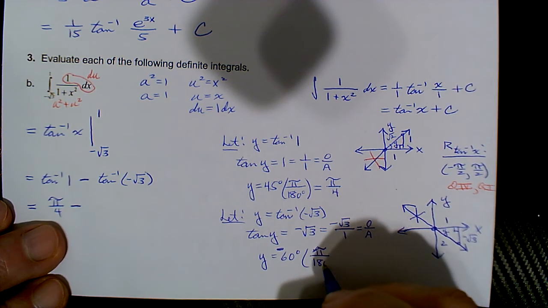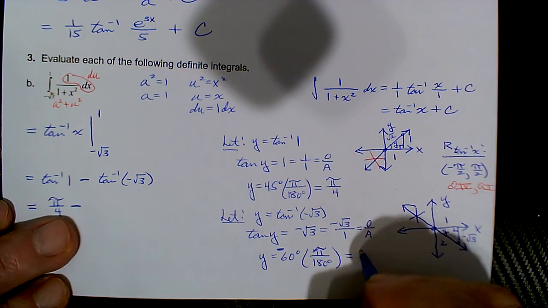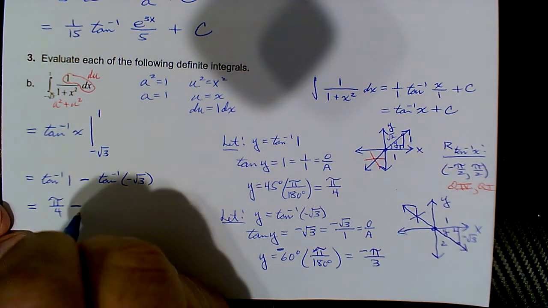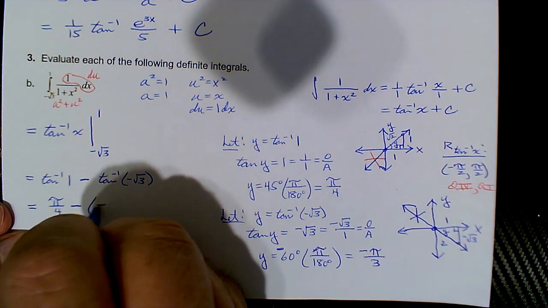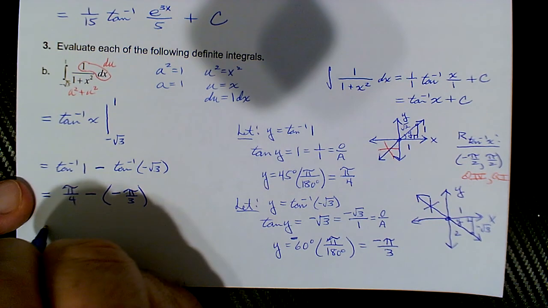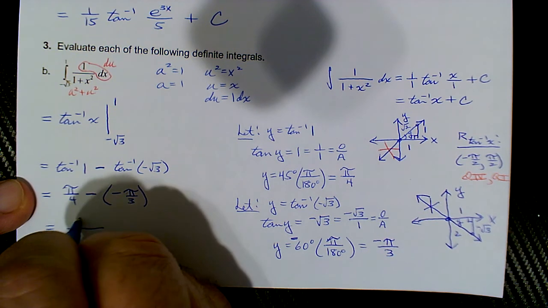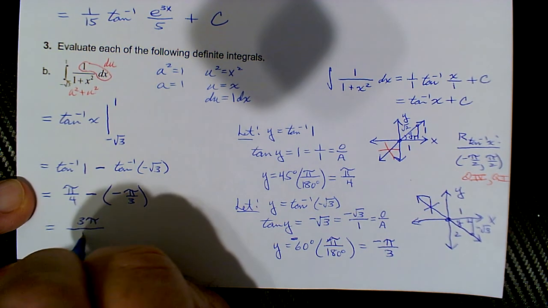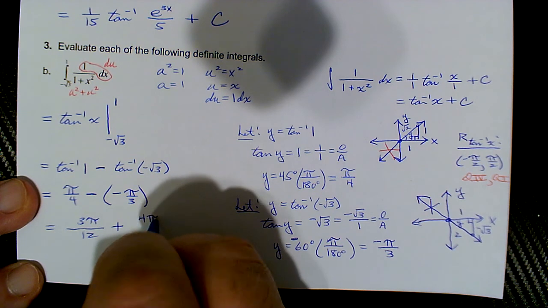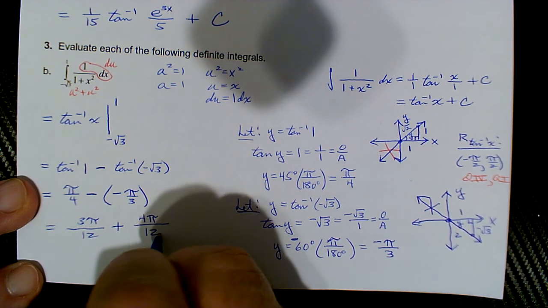So the unit conversion gives negative pi over 3. So back here we got pi over 4 minus a minus pi over 3. Common denominator of 12: 3 pi over 12. Minus minus would be plus. Common denominator 12 again, 4 pi over 12.